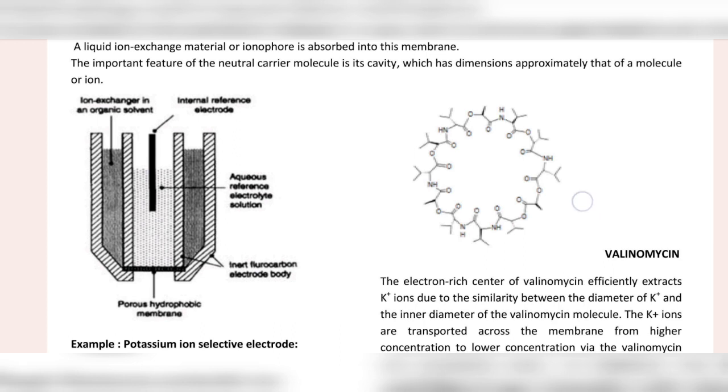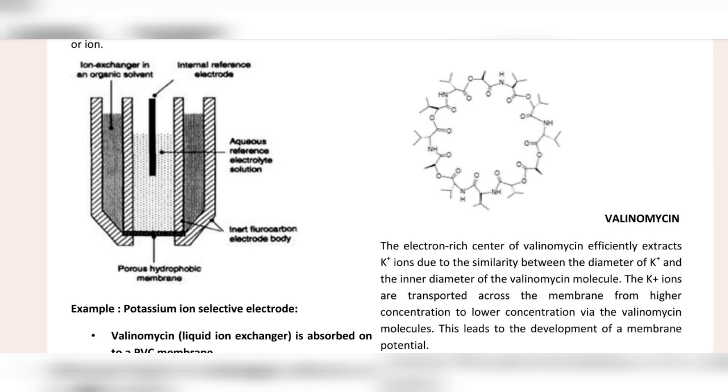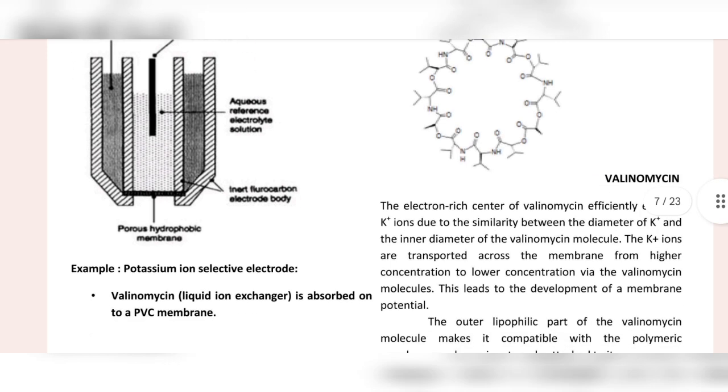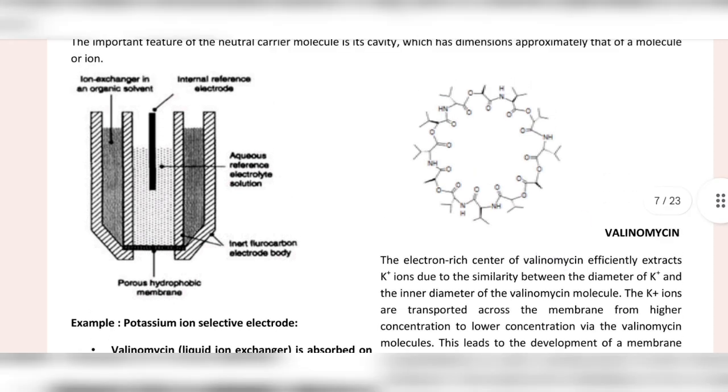For example, this type of polymer membrane electrode is used for the determination of potassium ions. In the potassium ion selective electrode, the ion exchanger used is valinomycin, which is absorbed onto a plasticized polyvinyl chloride membrane. This is the structure of valinomycin.